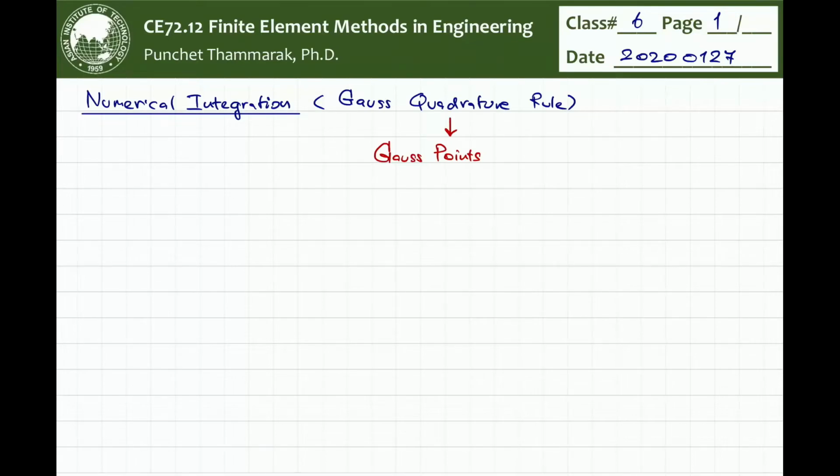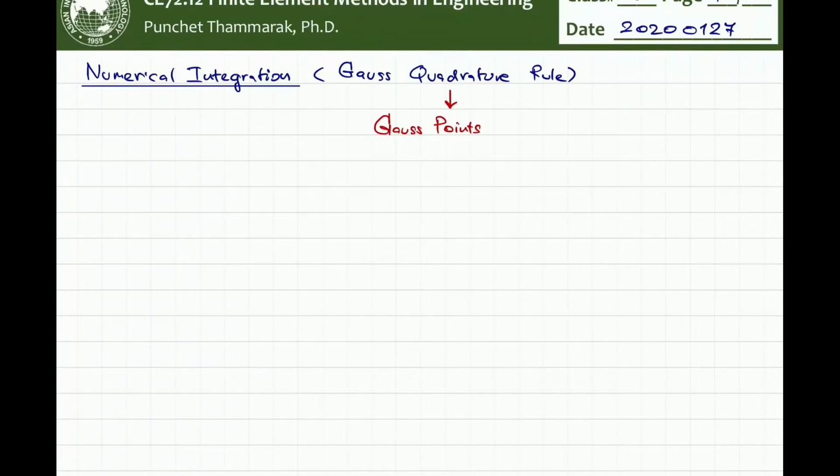So numerical integration will eliminate our pain in doing this. You integrate the function f of c dc from -1 to 1. So this is inconvenient and slow.